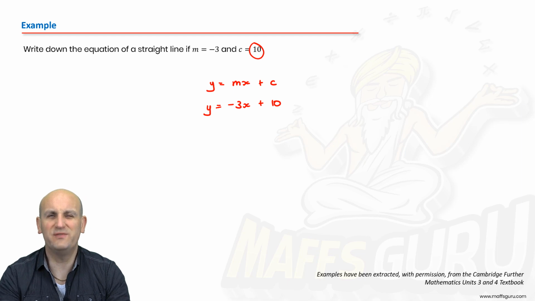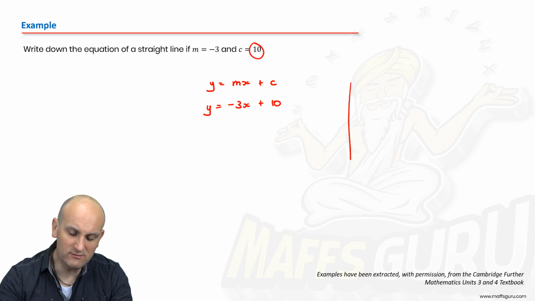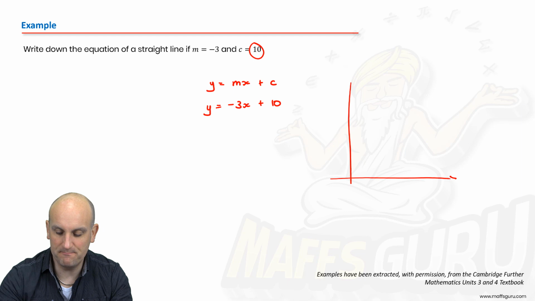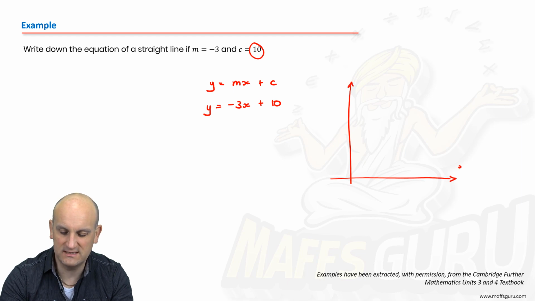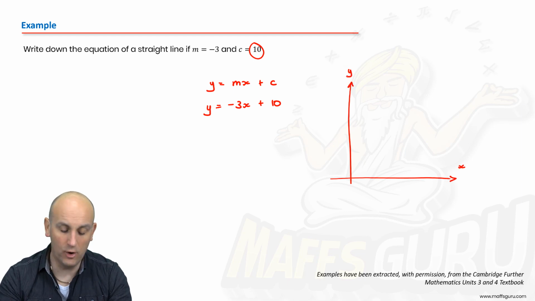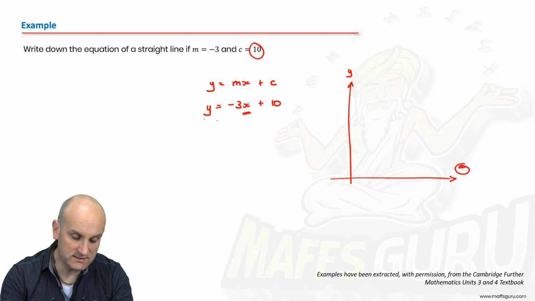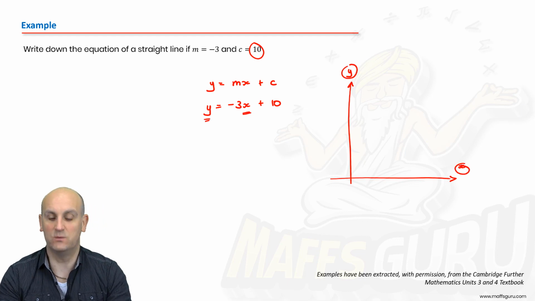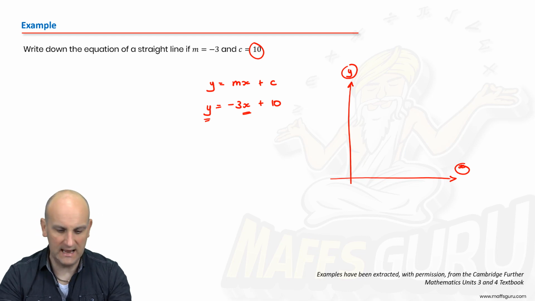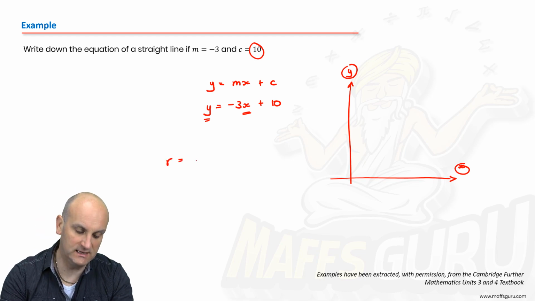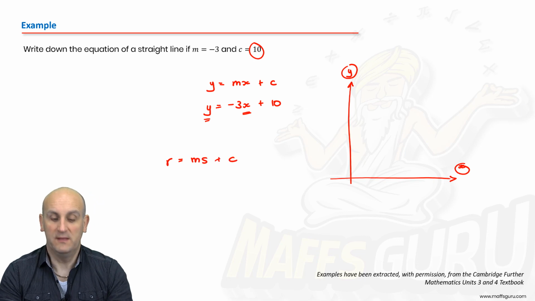Now, why do we have these y and x values? Well, generally speaking, it's convention. Again, Barry loves his convention. Here is the x values, and here is the y values. The only reason this is an x is because that is an x. The only reason this is a y is because that is a y. I could perfectly happily have r is equal to ms plus c. Right? That's still, believe it or not, the equation of a straight line.